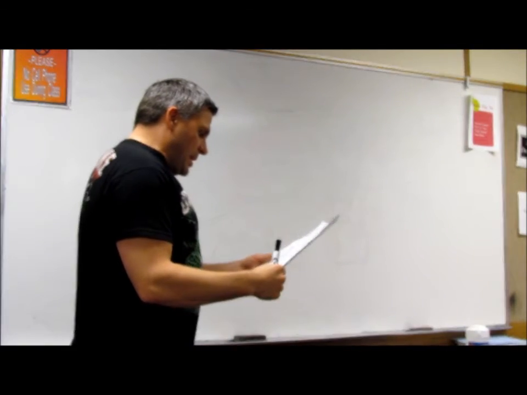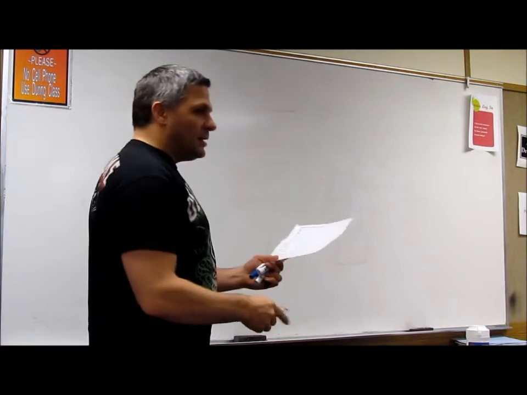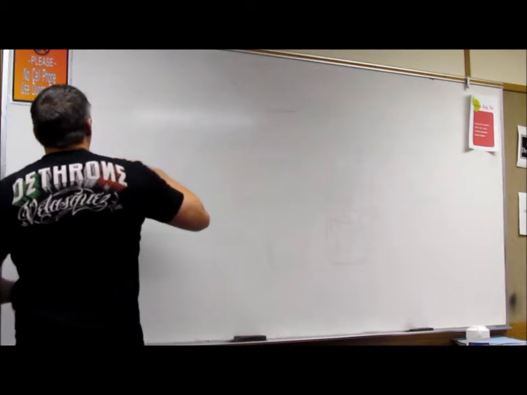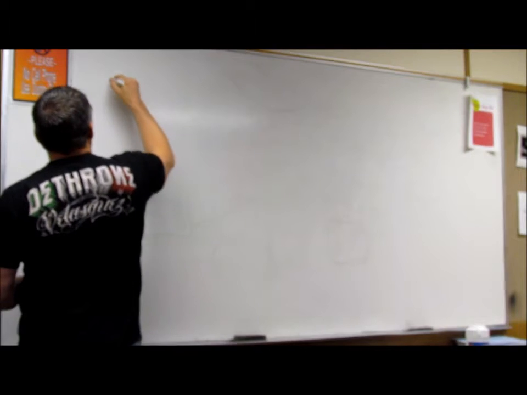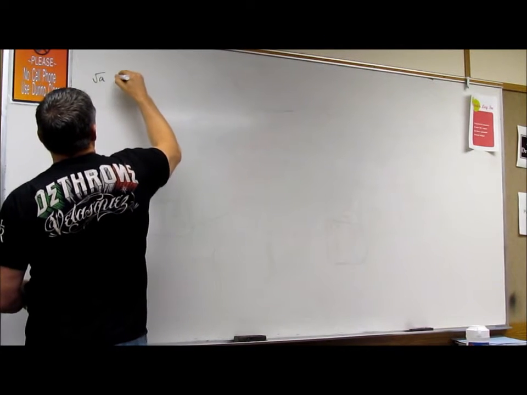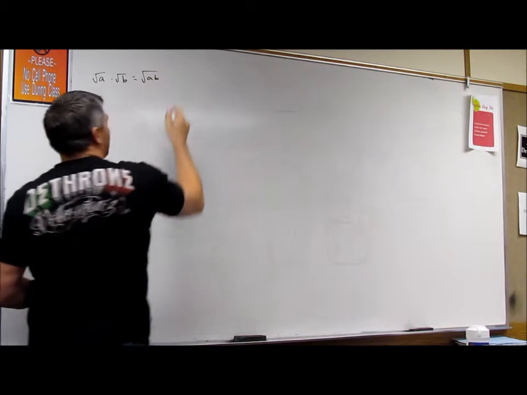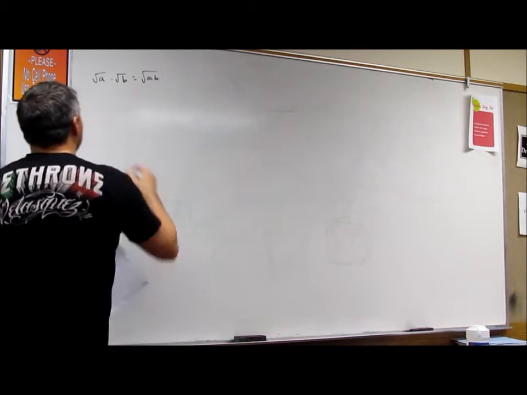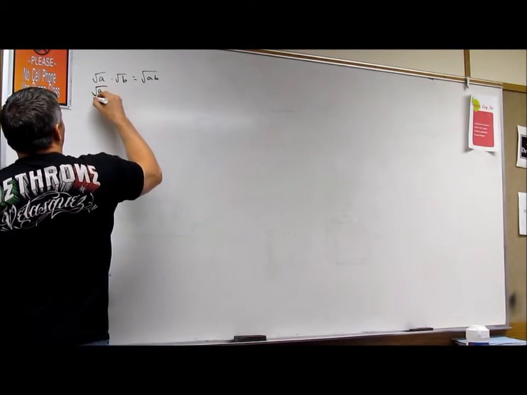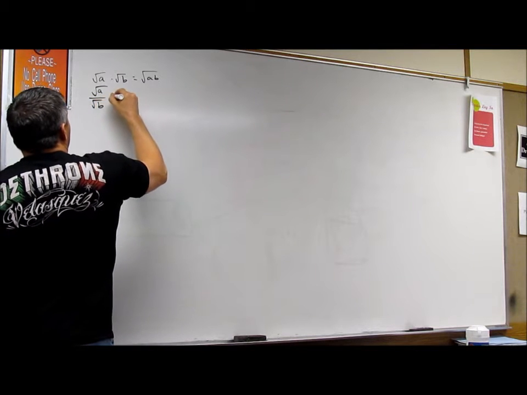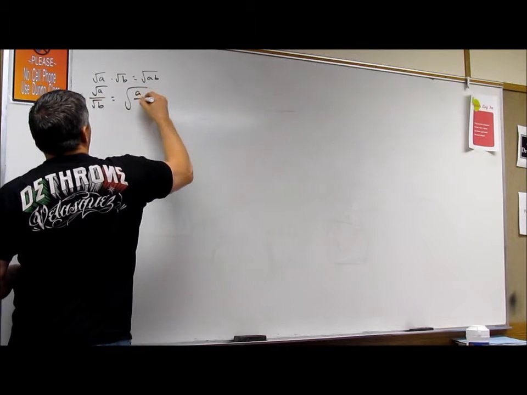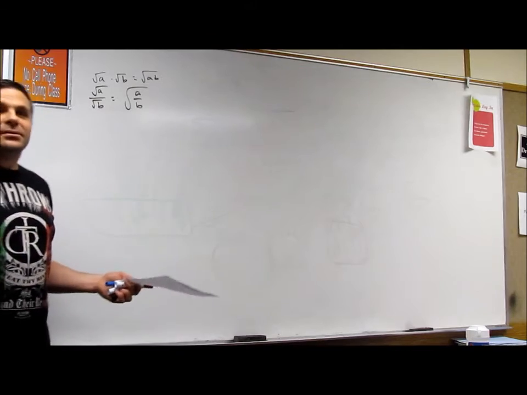Okay, so then we have this last one on this page. And here's the thing. A square root of A times the square root of B is equal to the square root of AB. That makes sense, right? Well, square root of A divided by the square root of B is equal to the square root of A over B. Same thing.